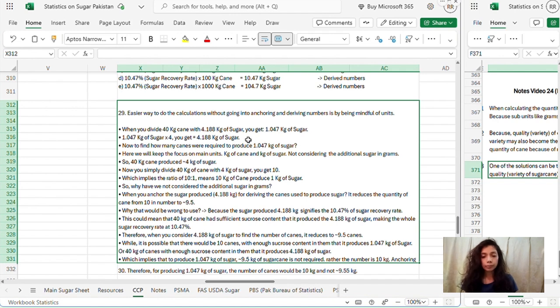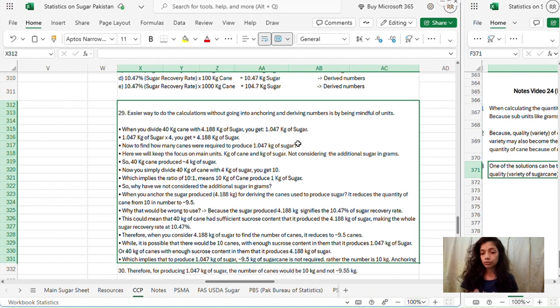When we divide that 4 kg 188 grams of sugar into 4 equal parts, what do we get? We get 1.047 kg.